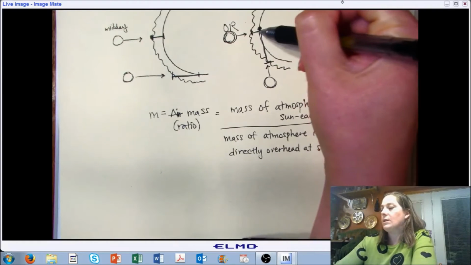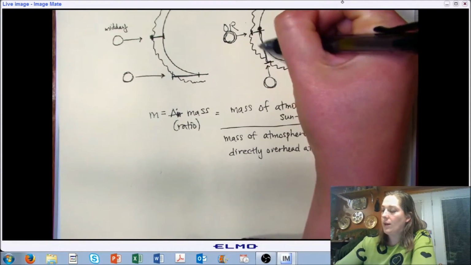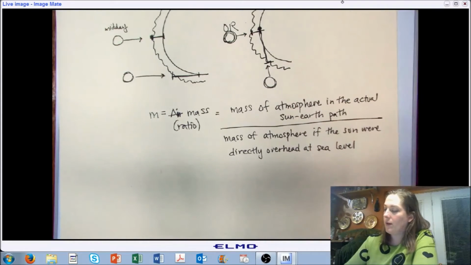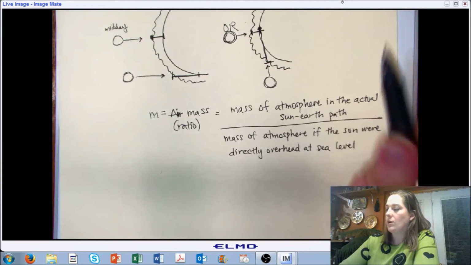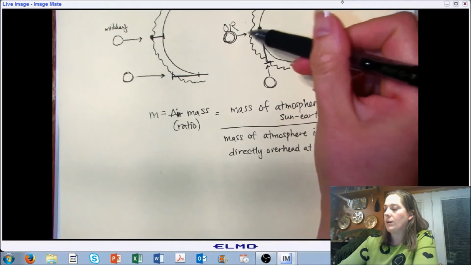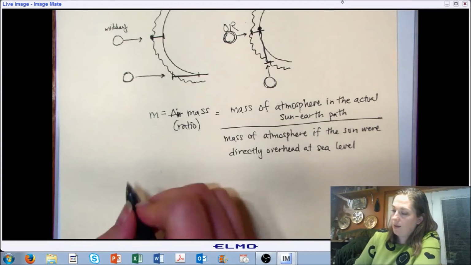So think of this as directly overhead. This is the maximum that's ever going to reach the Earth's surface. And then all along the path between here and here, you have various amounts of atmosphere interfering. So this air mass ratio is just the ratio of how much is actually being interfered with versus how much potentially could be in the best case scenario.